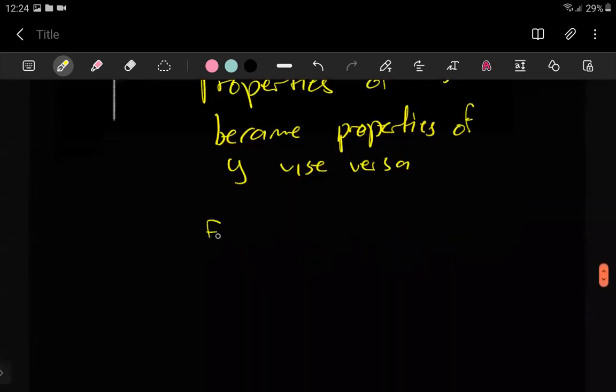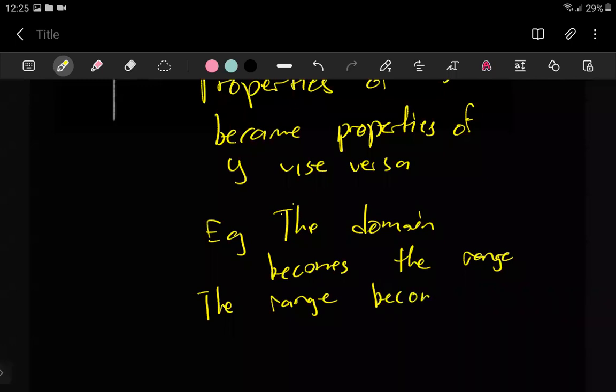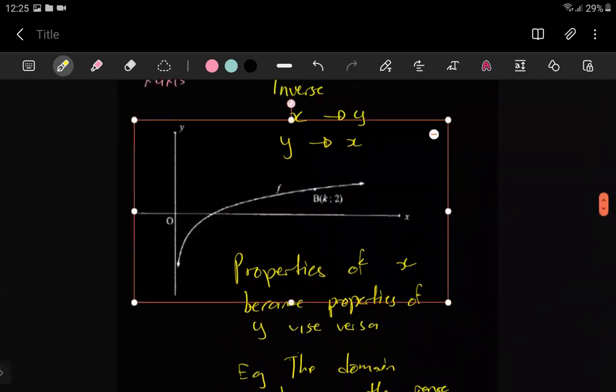For example, the domain becomes the range, and the range becomes the domain. So that's basically the big idea here. Now with our sketch, right?